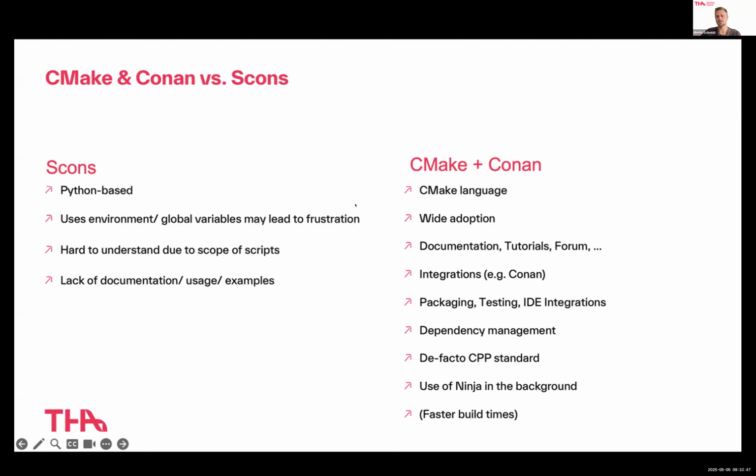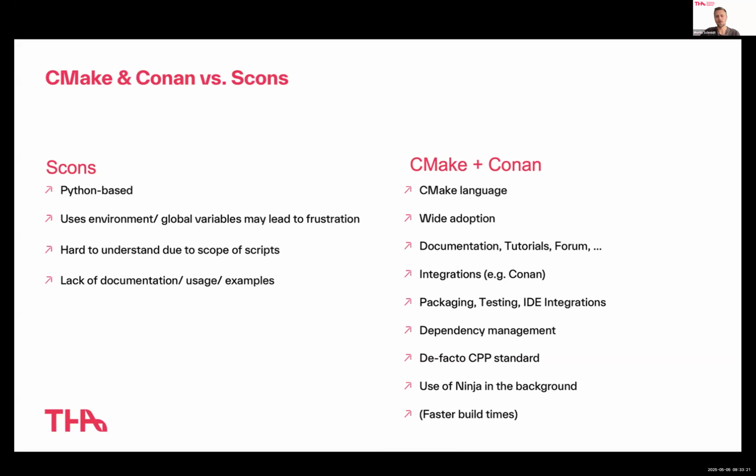It can almost be considered the de facto C++ build standard because it uses a lot of new generators in the background. Documentation and tutorials are up to date, and the community is very big. It has packaging, testing, IDE integrations, and all kinds of stuff. I didn't test that yet, but apparently CMake has faster build times. That is interesting, especially if you test a lot in CI, so you have faster results and less CI usage.